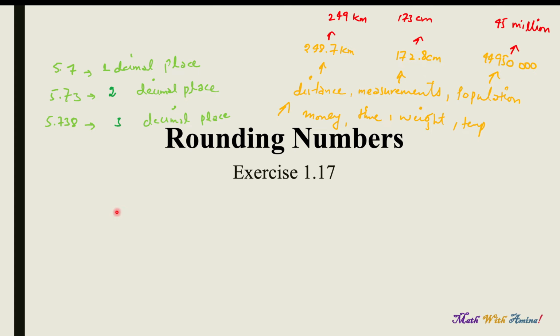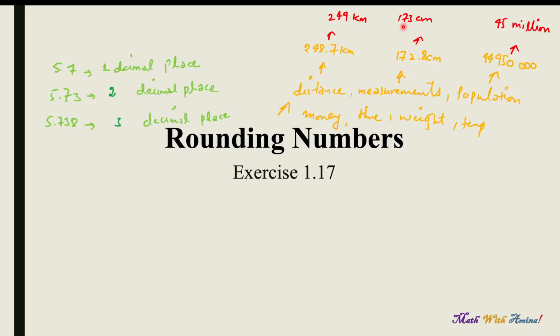For example, if the distance between two cities is 248.7 kilometers, we may say it's about 249 kilometers or 250 kilometers. If a person has a height of 172.8 centimeters, we can round it to 173 centimeters.